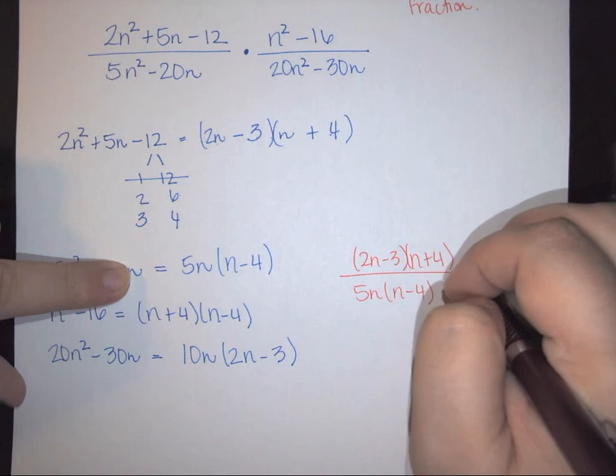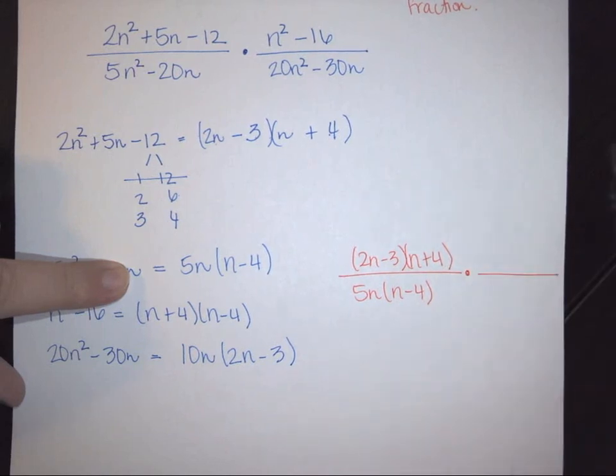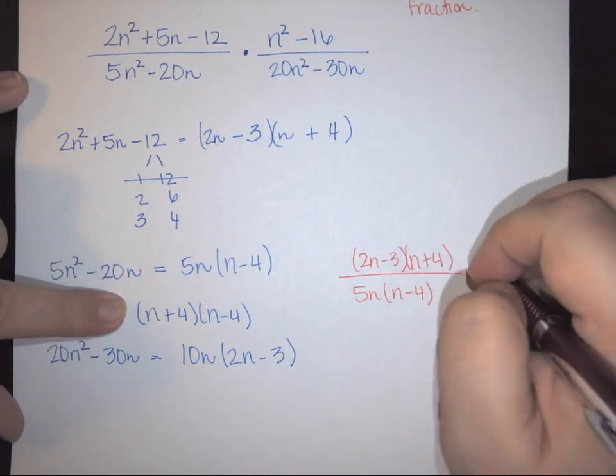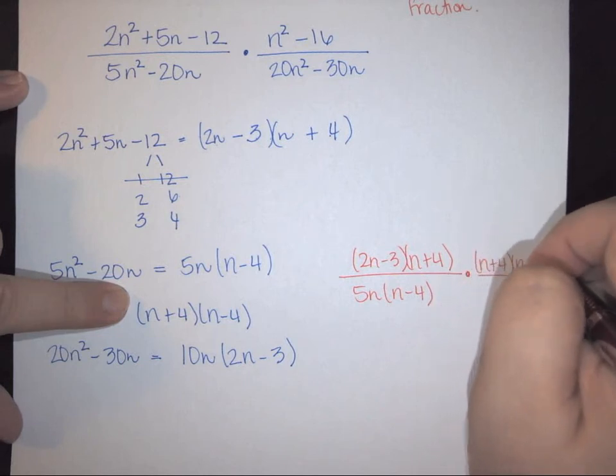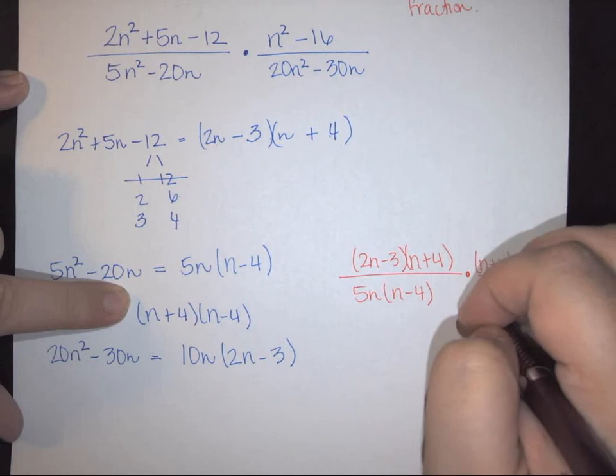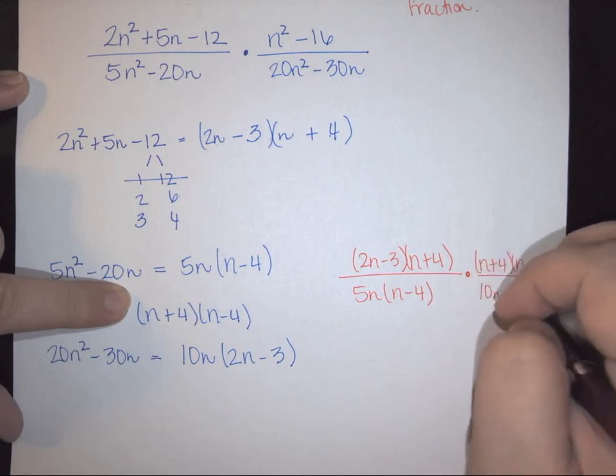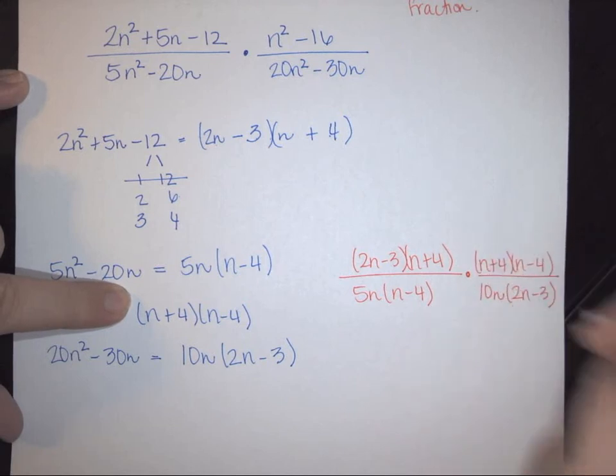I am multiplying this by the n plus 4 times n minus 4 over 10n times the 2n minus 3.